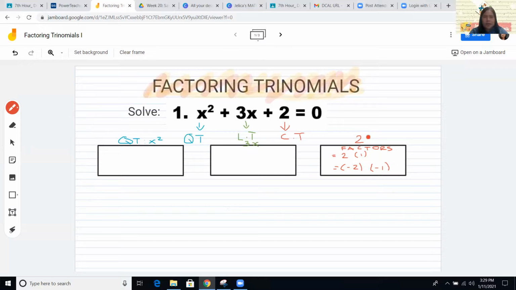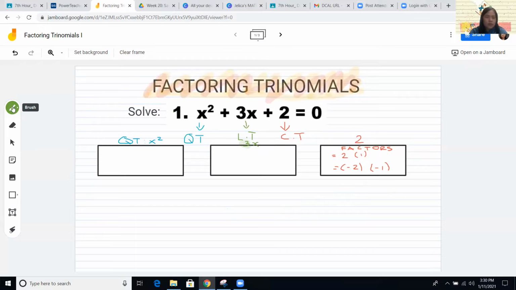Next step, for the third step, we're going to get the addends. Find the addends for the numerical coefficient of the linear term. Why? Because we're looking for a common number that will satisfy the factors for the constant term and the addends for the linear term. Take note, addends are the two numbers that if you add them, you will get the linear term, which is 3.